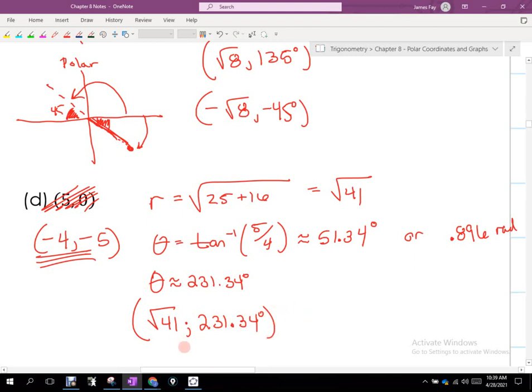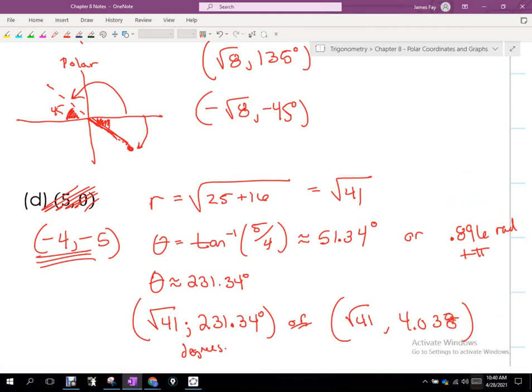Okay, and that's obviously in degrees. If we're doing this in radians, and I like to show this intentionally, if we're in radians, I add pi to this, it gives me 4.037. I should probably round that to an 8. So give me that.